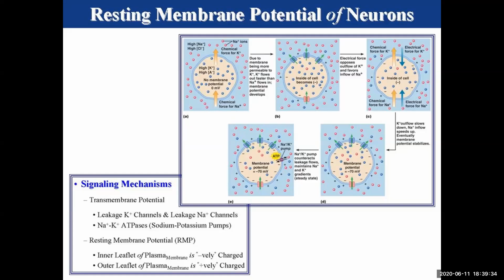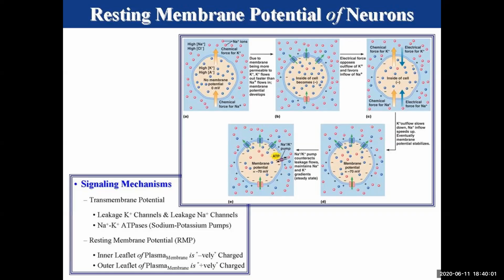So the membrane is a bilayer phospholipid, 2 layers of phospholipid. We're going to call those 2 layers the outer leaflet and the inner leaflet. Leaflet is spelled L-E-A-F-L-E-T. Outer, inner.